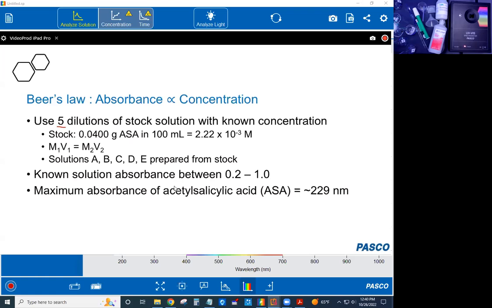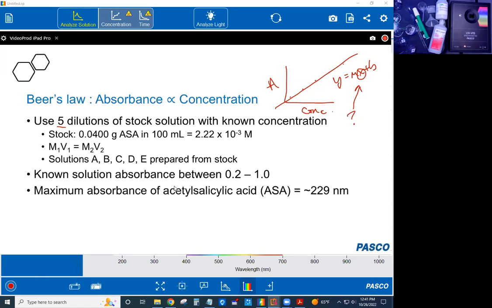We can plot the absorbances for each of those concentrations and get a graph of concentration on the x-axis, absorbance on the y-axis, and we can make a linear fit, and we can use the line equation to determine the concentration of an unknown solution of aspirin.